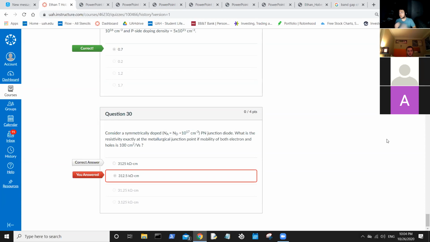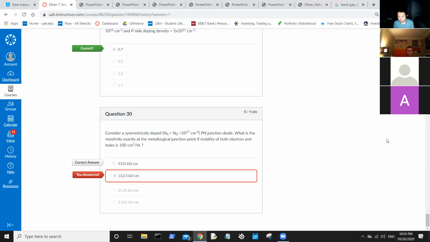And on the other side, it's 10 to the 17th and 10 to the 3rd, but inverted, different values. But when you get to the center, it gets a little wacky. So since we're asking at the metallurgical junction point, we have to use that relationship, N times P is equal to Ni squared, in order to solve for that same level of decreased carriers at that portion.